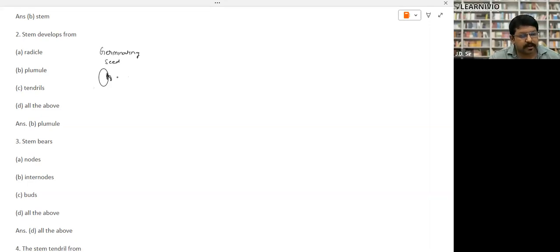The seed gives rise to a lower part and an upper pale yellow-green part. The upper part is called the plumule. The lower part is called the radicle.